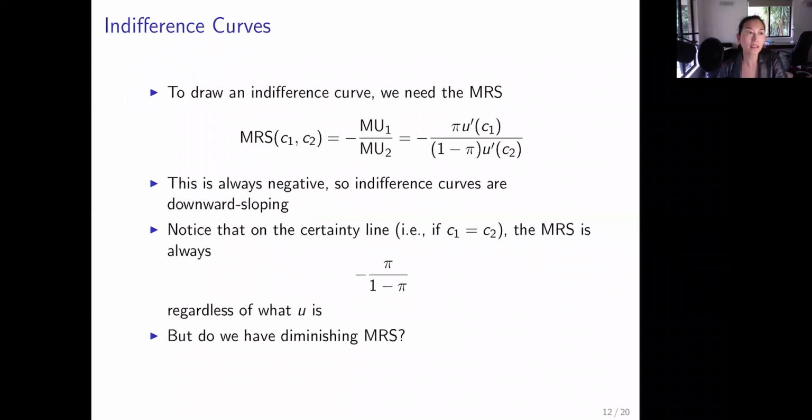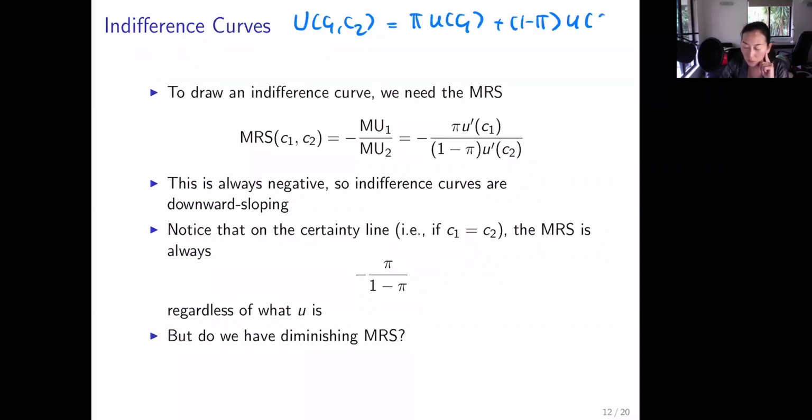So next, we're going to draw the indifference curve based on this von Neumann and Morgenstern utility function, or the expected utility function, right? Given that U(C1, C2) is equal to pi times U(C1) plus (1 minus pi) times U(C2). Just to make it very simple, only 2.